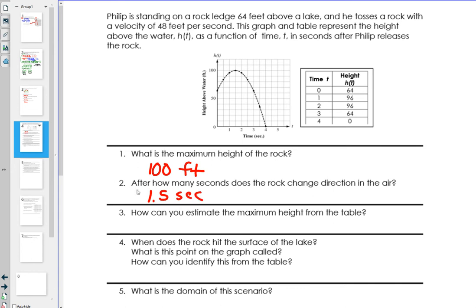Can you estimate the maximum height from the table? Yeah, I guess you can estimate it.